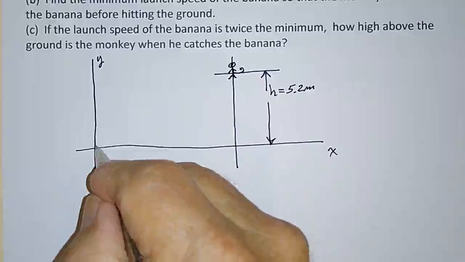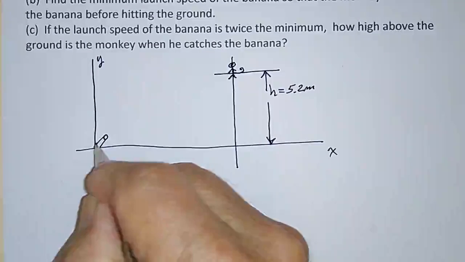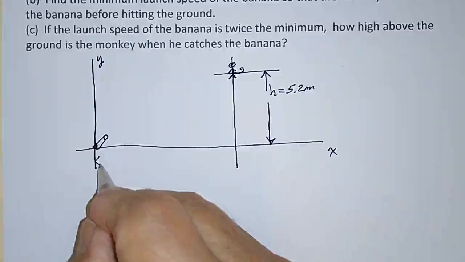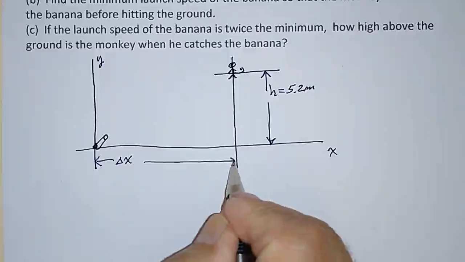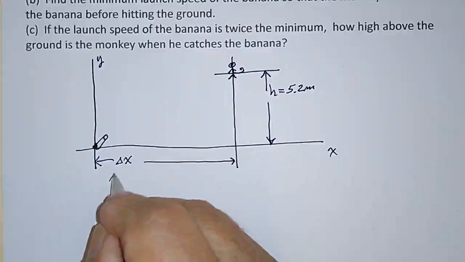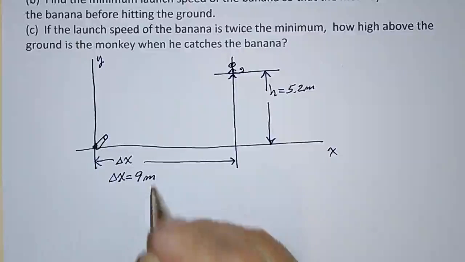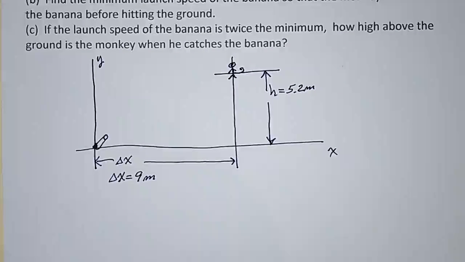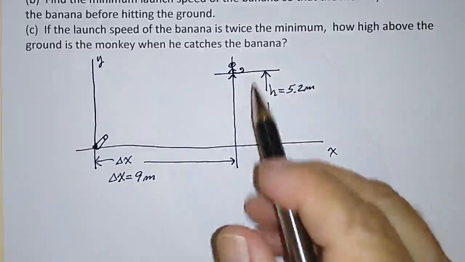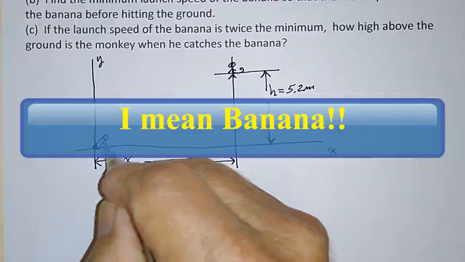And there's a cannon over here, like this, at the origin. And this distance here, delta x, is equal to 9 meters. So what we need to do is set up the equations that describe the motion of the object, both the monkey and the cannonball, which gets fired out like this.